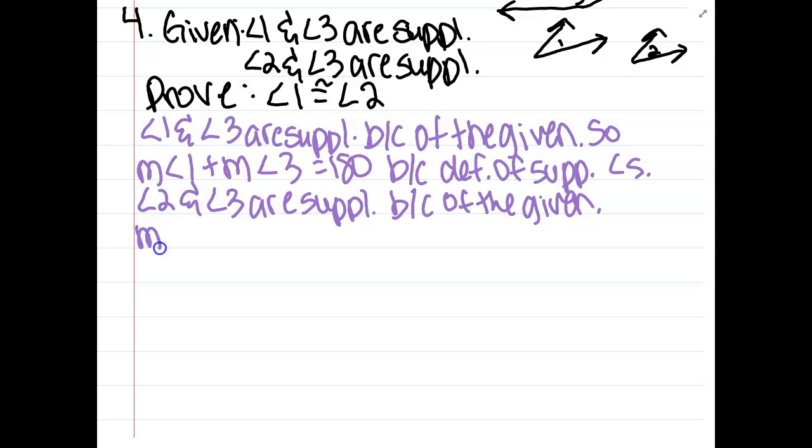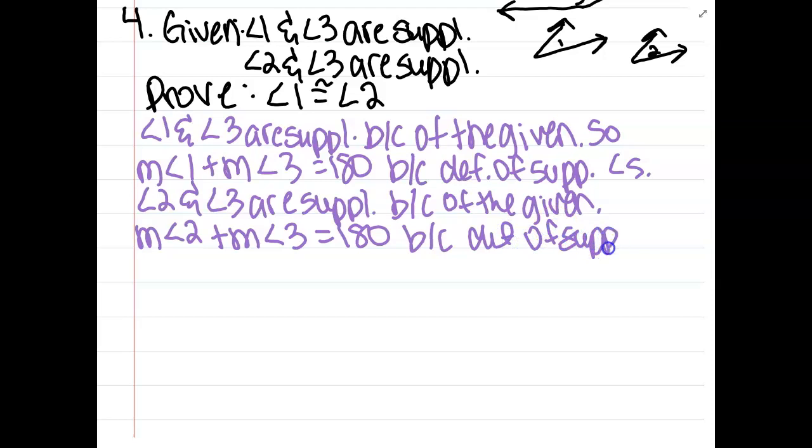So the measure of angle 2 plus the measure of angle 3 equals 180, once again because of the definition of supplementary angles. Just the same thing twice, with 2 different sets of angles. Does that make sense?